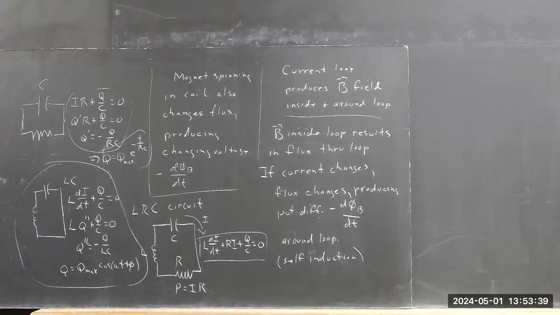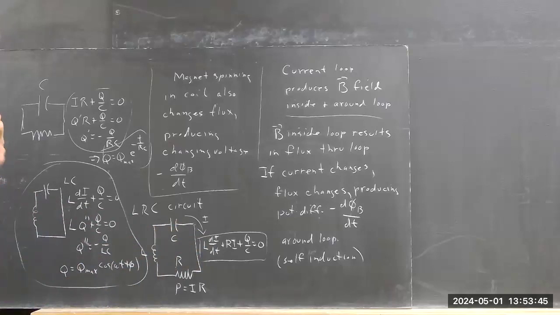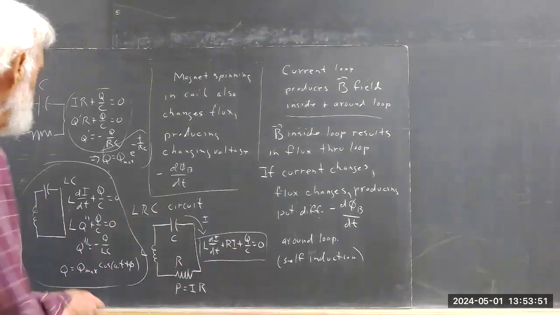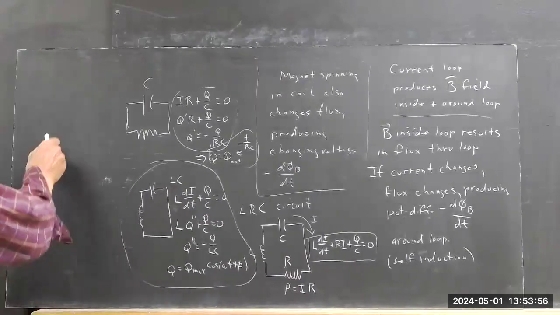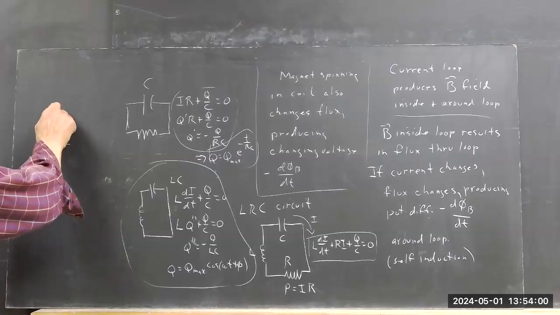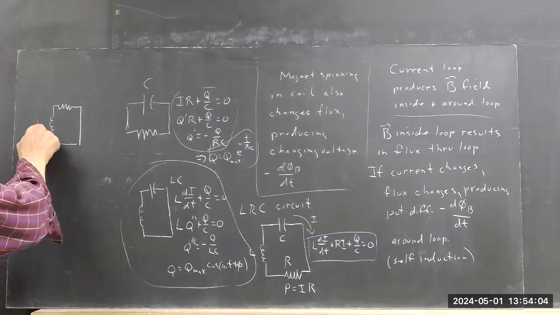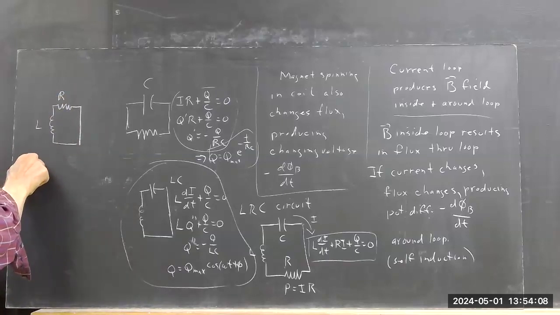And then, of course, we could leave out the capacitor, and you end up with, again, like an L i prime plus R i equals 0. Well, okay, quickly. Leave out the capacitor. You have L and R. Differential equation has exactly the same form.